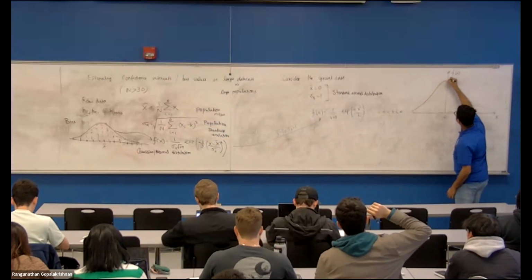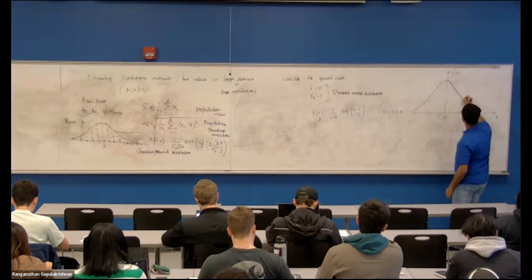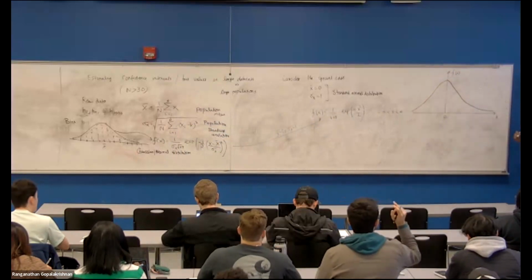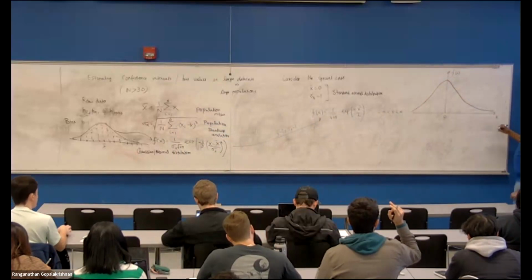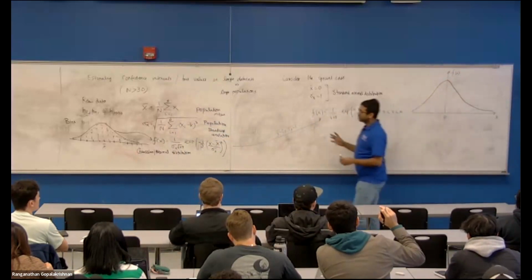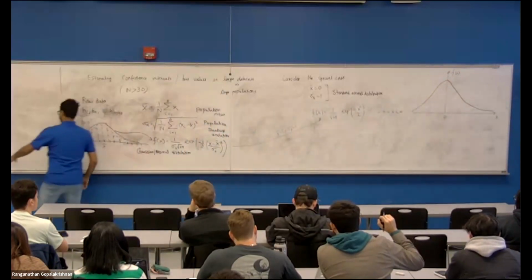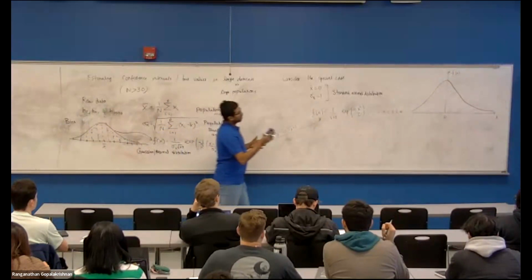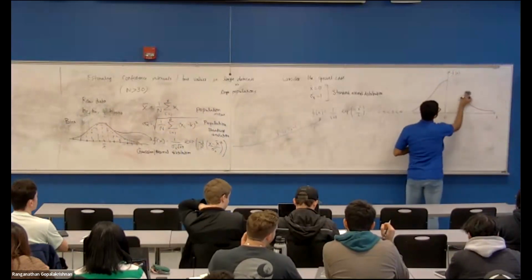If you plot this function, it will look like this. That's not very symmetric. It has to be symmetric, but I can't draw well even if my life is at stake.